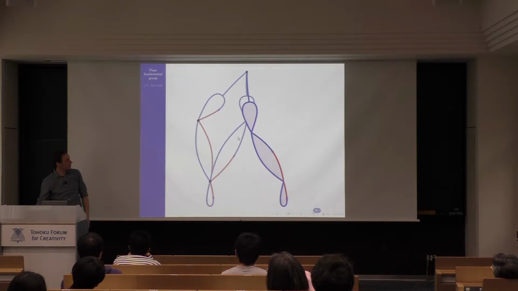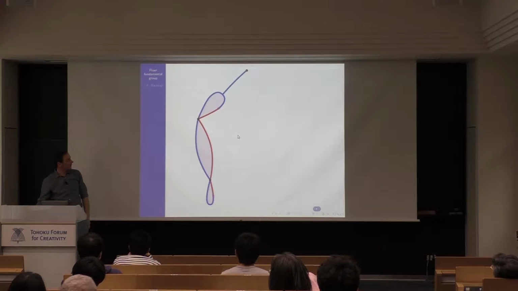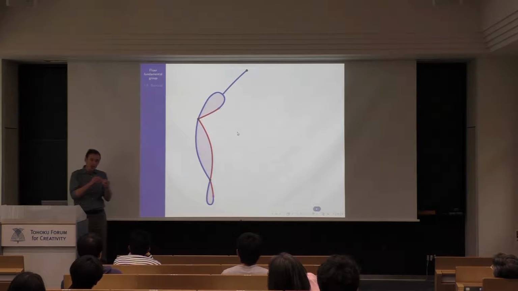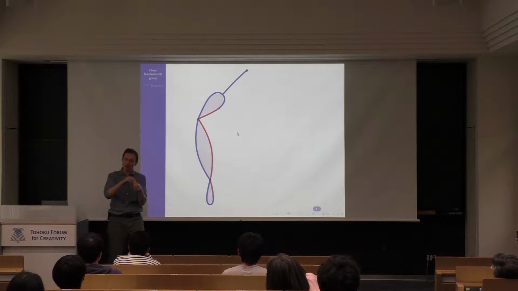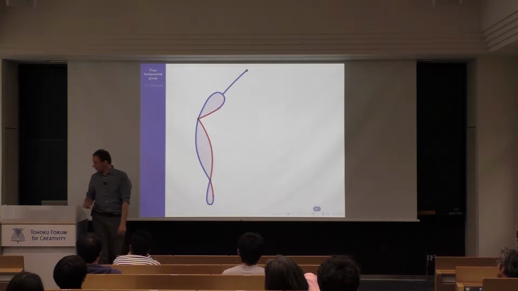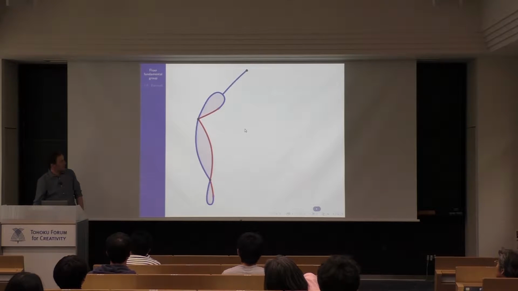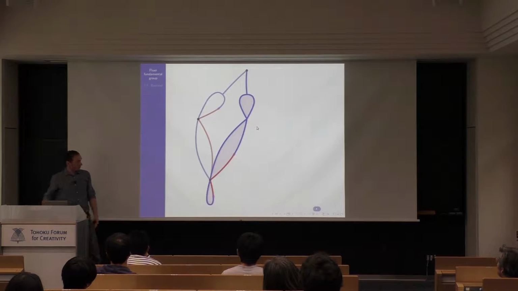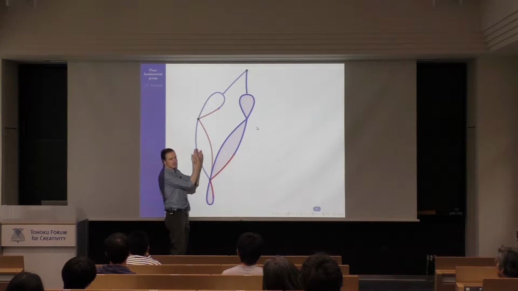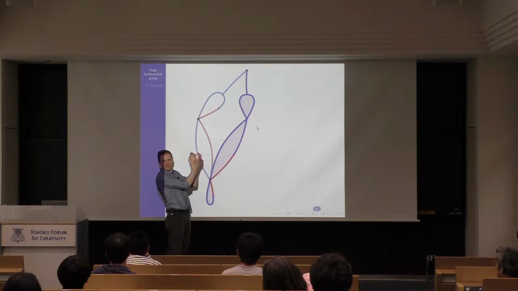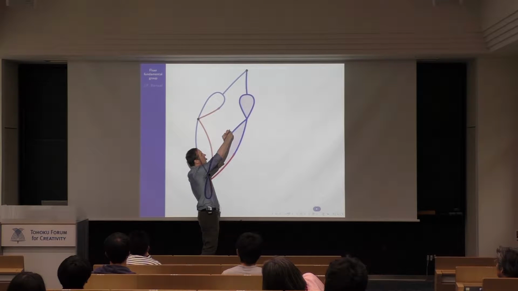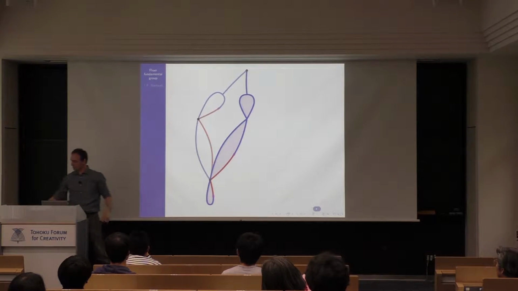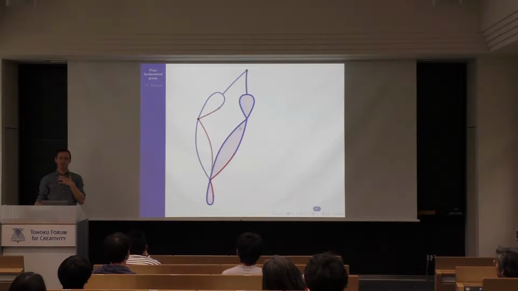Okay, so what you can do in this setting is stabilize the place where the bubble appears, and you use the pearl trick. So when I have the bubble here, this is one boundary of my moduli space, but it's also the boundary of another moduli space, which is the space where the two components are allowed to flow away from one another according to a Morse trajectory of some preferred Morse function.